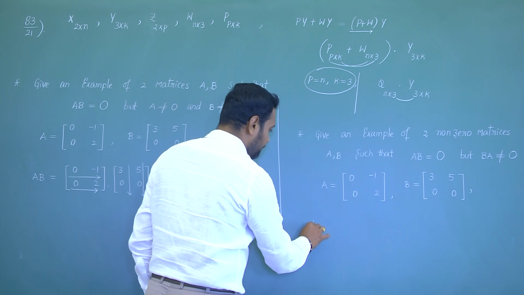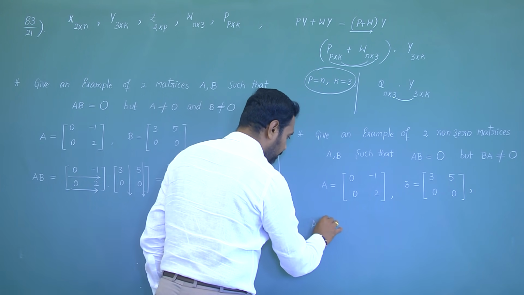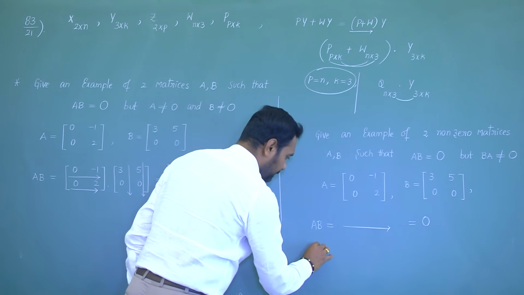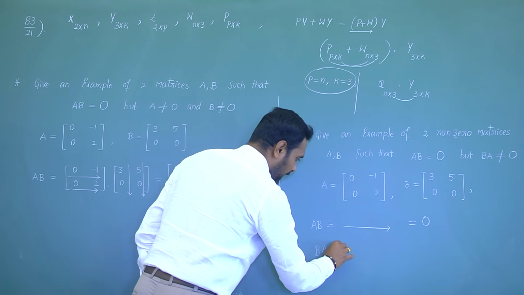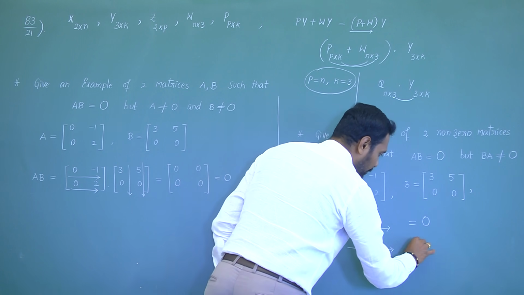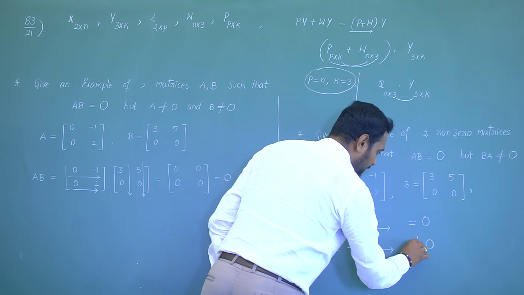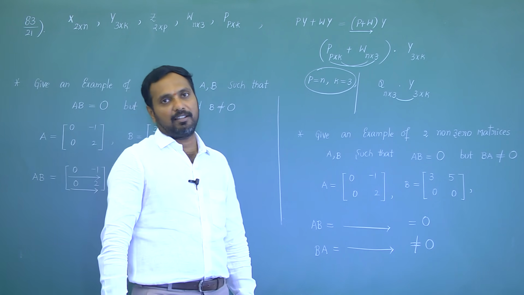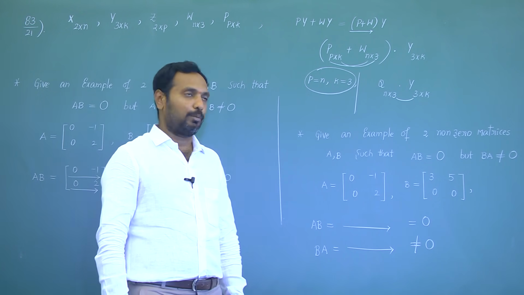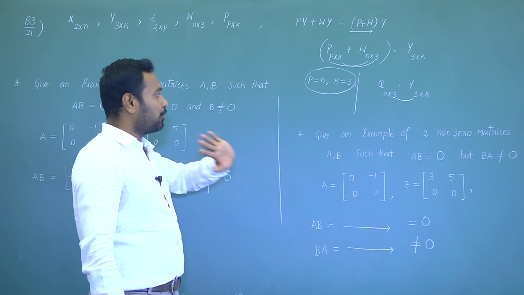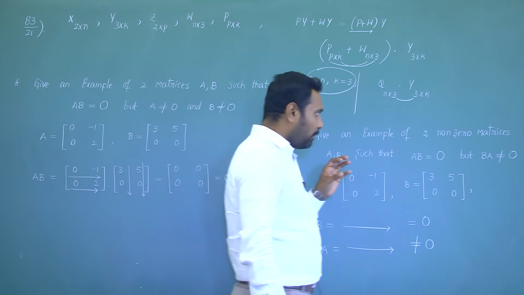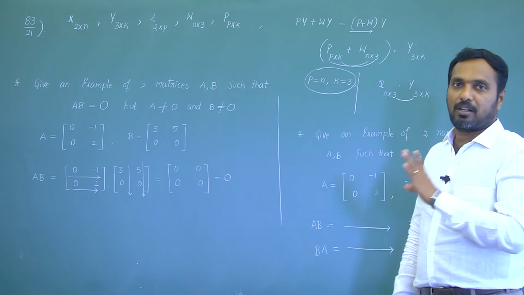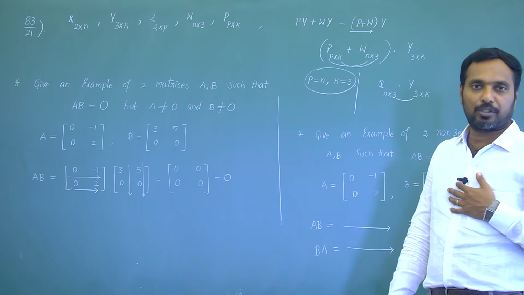Calculate the product AB, you have to get a null matrix. Calculate the product BA, you have to get a non-null matrix, meaning at least one element in BA should not be equal to 0. This is the logical question you have to remember to do the problems of this exercise, just for one more question.